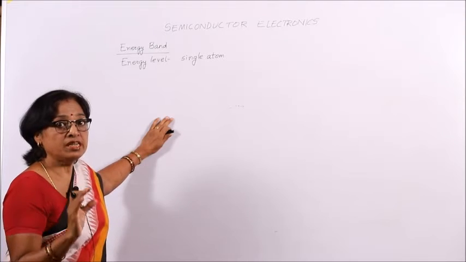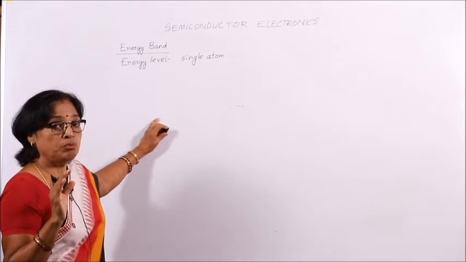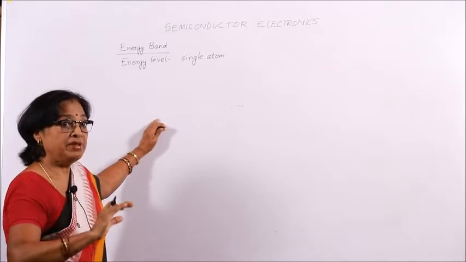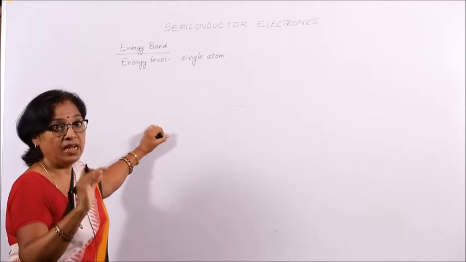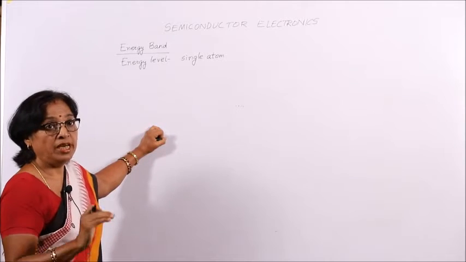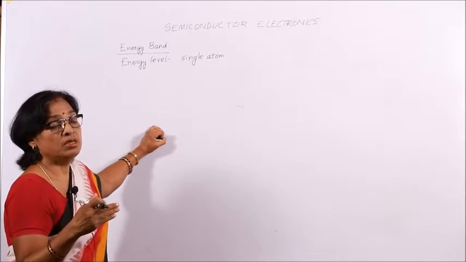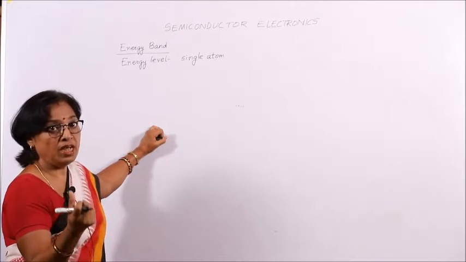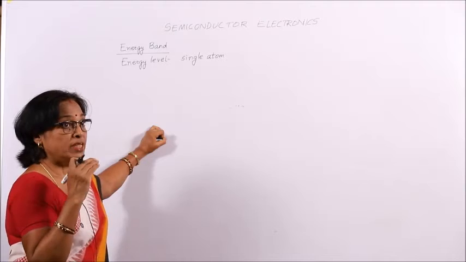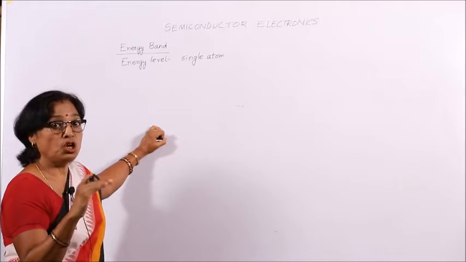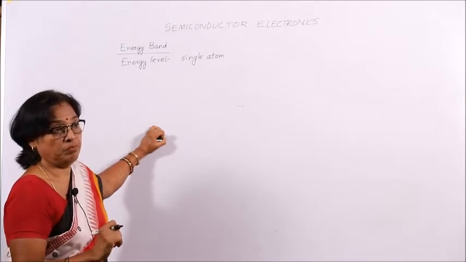From Bohr's atomic theory, every electron is to be put in a certain permitted level. The energies of these permitted levels are already defined by a formula. That means the electron can acquire only that much energy, not anything in between.